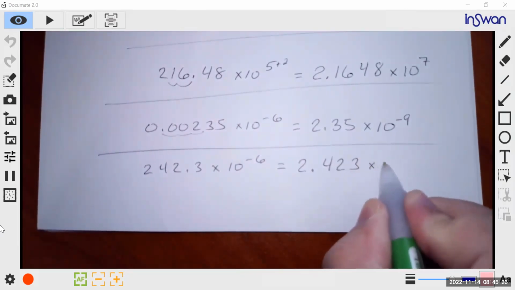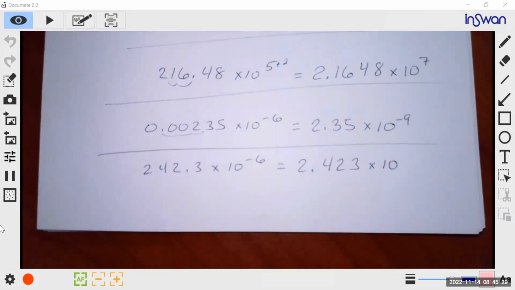And .423. What's this one going to be now?